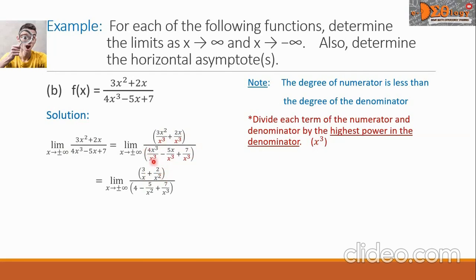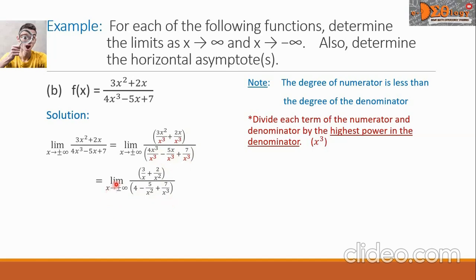In the denominator, this 4x cubed over x cubed now becomes 4, minus 5x over x cubed is now 5 over x squared, plus 7 over x cubed will just be the same.